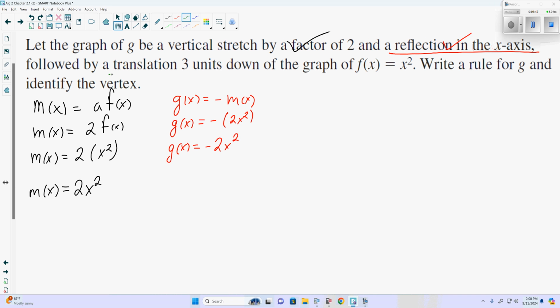And our last transformation is translation 3 units up. So we'll call it h of x is our function. We're applying it to g of x plus k, where k is the amount we're moving the function up or down. And since we're moving it down 3, we would have minus 3.